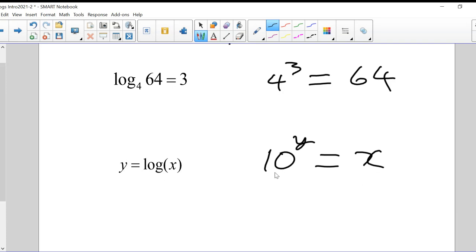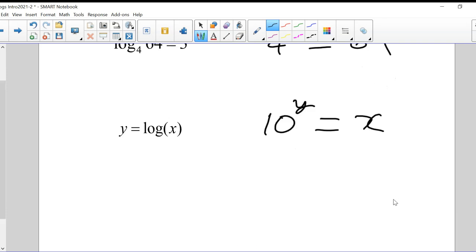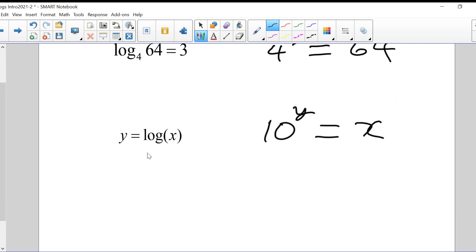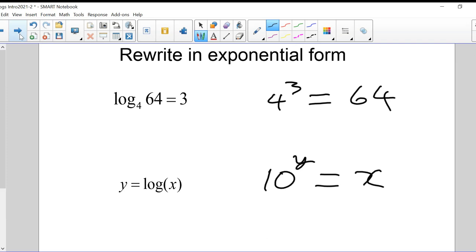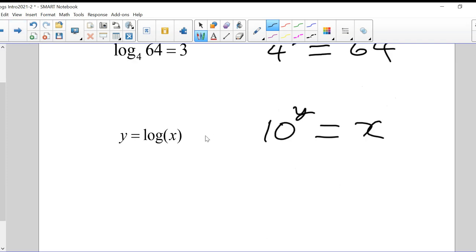So there you go. That base raised to that exponent is equal to x. So that's how you go from exponential form to log form, and here's where you go from log form to exponential form.